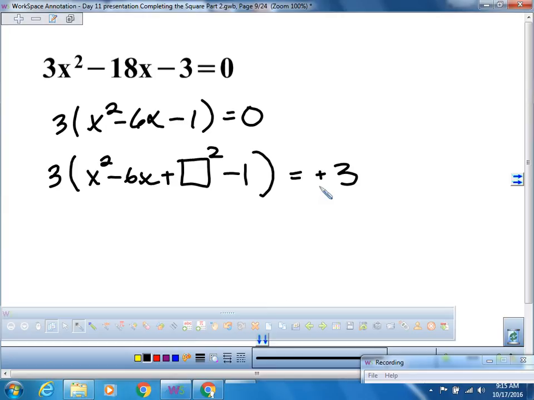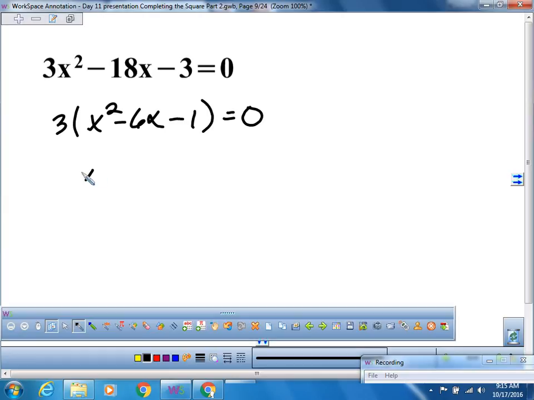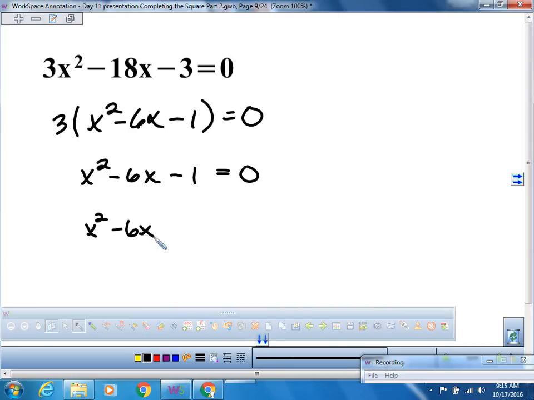Yes, you could. Let's see. Let's try it and see what happens. So if I want to divide by 3 on both sides, then I just have x squared minus 6x minus 1 equals 0. Then add the 1 to both sides, and I have x squared minus 6x equals positive 1.